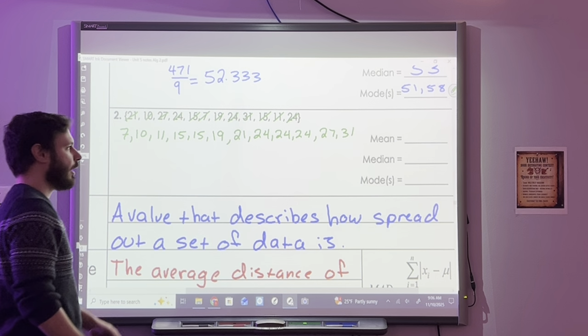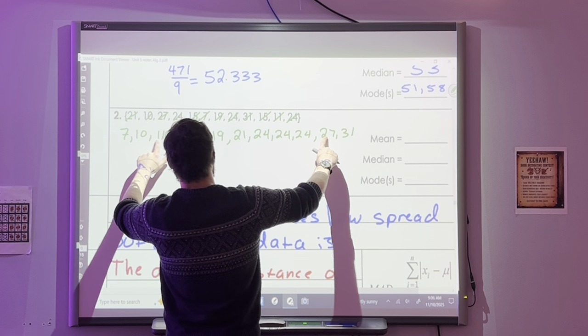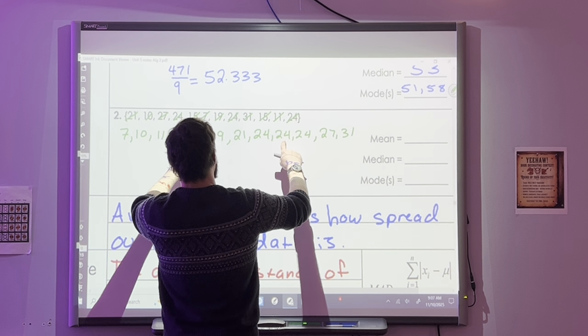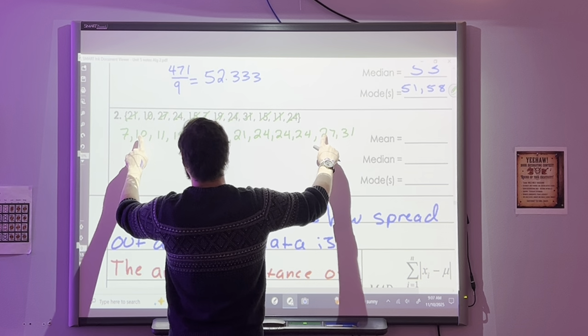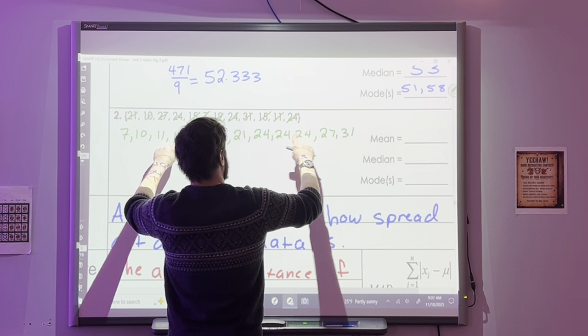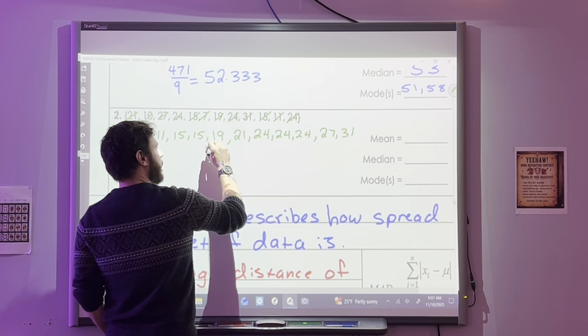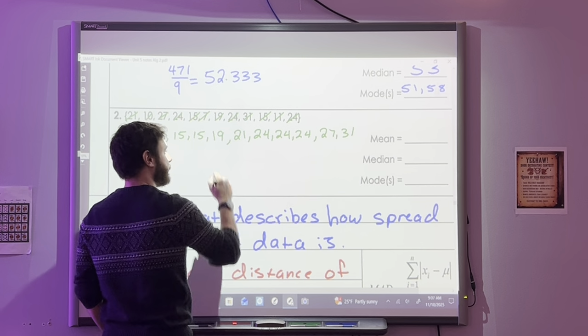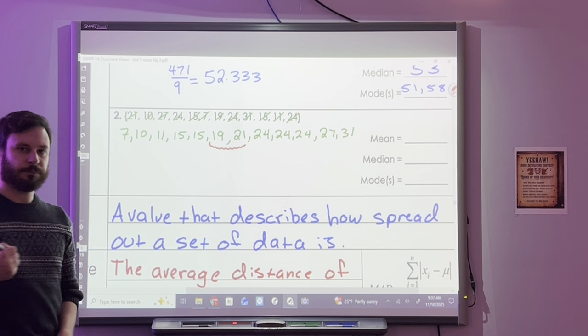Okay. Now let's find the middle value. I messed up. Okay, so the middle value actually is between those two.